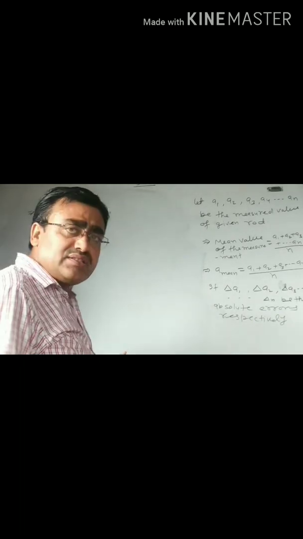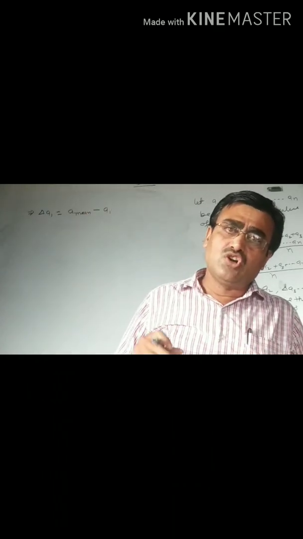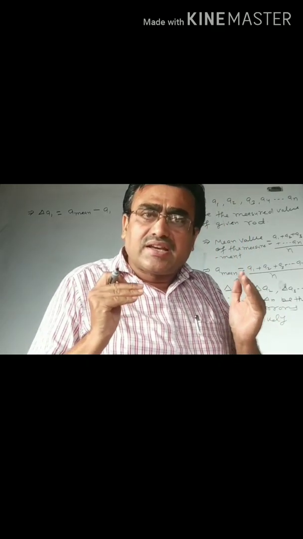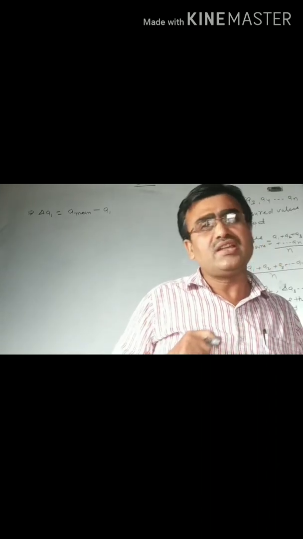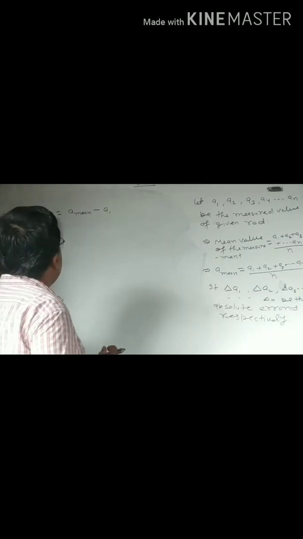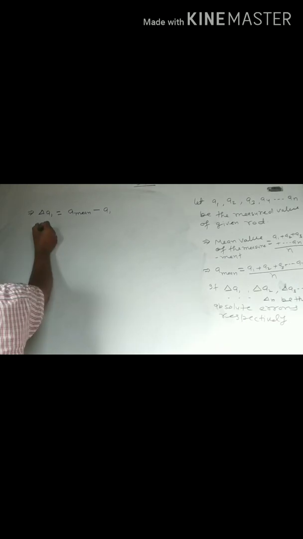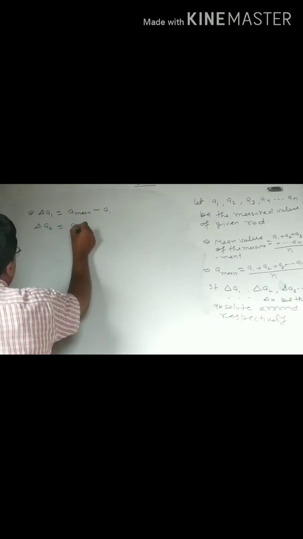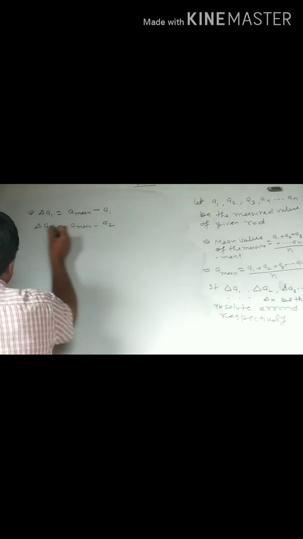As I told you first, error can be minimized, never removed. Okay? Delta A1 is equal to A mean minus A1. Delta A2 is equal to A mean minus A2.